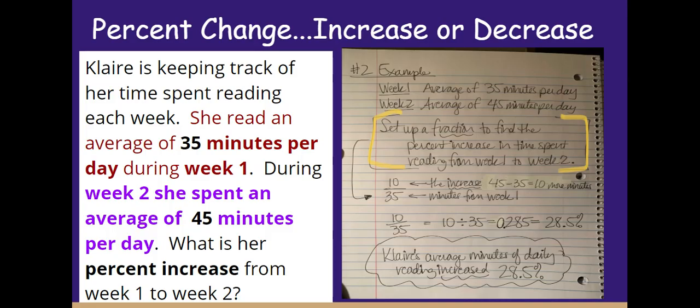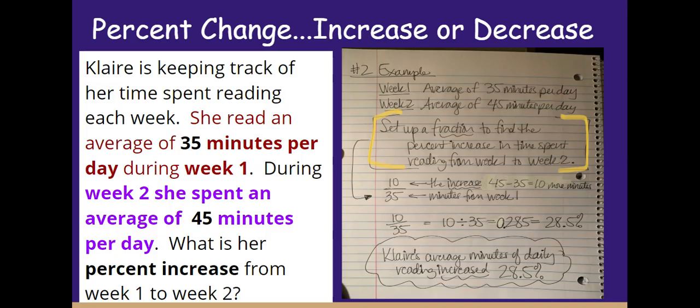It's 10 because it's the increase from 35 to 45. So that difference, I just subtracted them. 45 minus 35 is 10. That means 10 more minutes she read during week 2 than week 1. And there's your fraction. So 10/35 is really the multiplier in this situation.